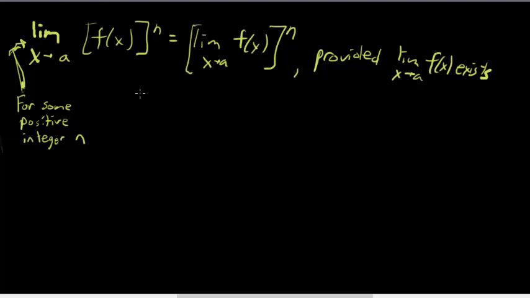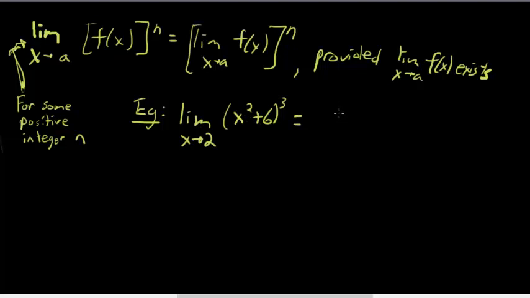But let's just restrict ourselves to positive integers for n now. Okay, so let's look at an example. The example we'll look at is the limit as x tends to 2 of x squared plus 6 raised to the third power.